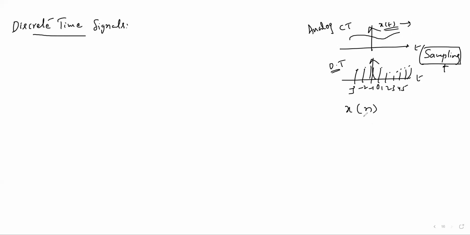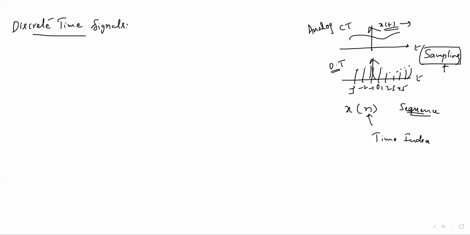For discrete time signals we use time index n, and we call it a discrete time sequence also. Discrete time signal or discrete time sequence. Generally for continuous time we use signal or function, whereas in discrete time we generally use discrete time signal or discrete time sequence. Of course, you can call it a discrete time function also; it doesn't make any difference.